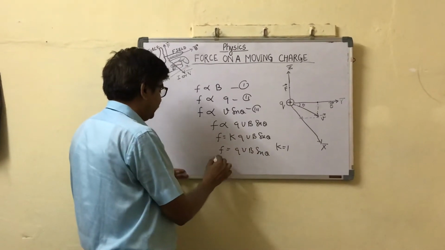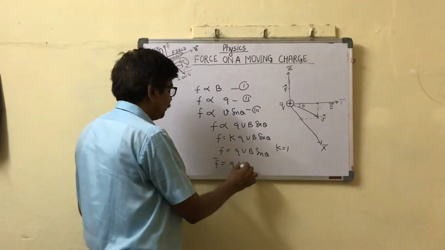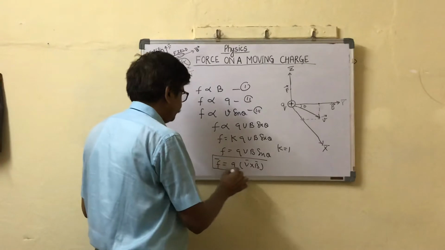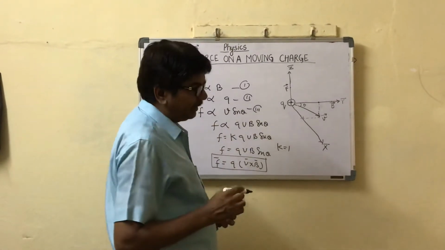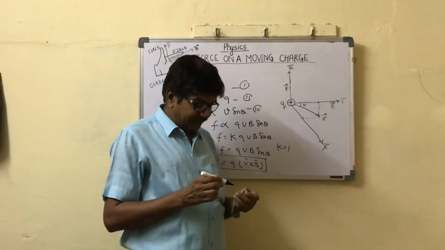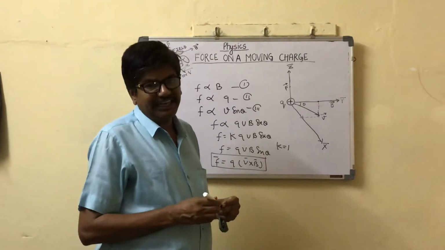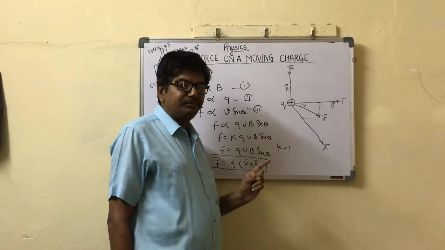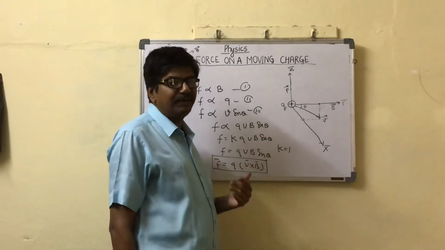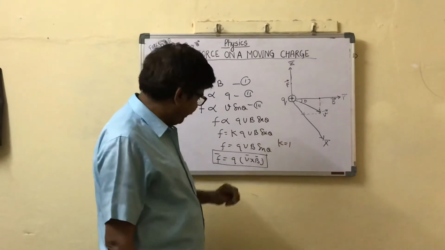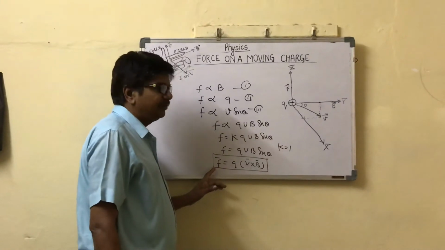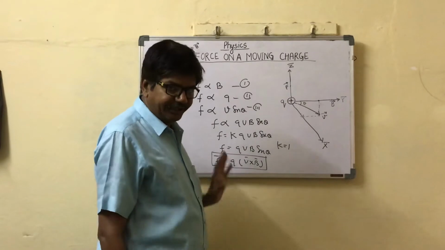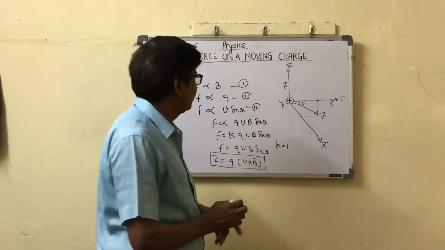In vector terms, F is equal to Q V cross B. When a charged particle moves in a magnetic field, it experiences a force known as the magnetic Lorentz force or magnetic force. Its magnitude is F equal to QVB sin theta.